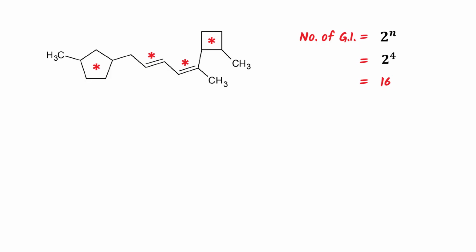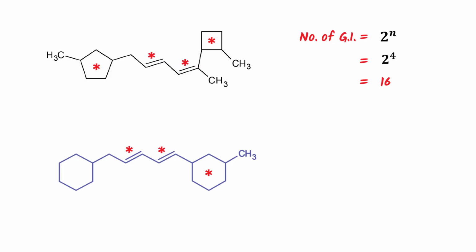In the next case, we have 2 rings as well as 2 double bonds. So the 2 double bonds are stereocenters. One of the cyclohexane rings is a stereocenter because it contains 2 restricted carbons with 2 different groups attached, and both are sp3 hybridized.